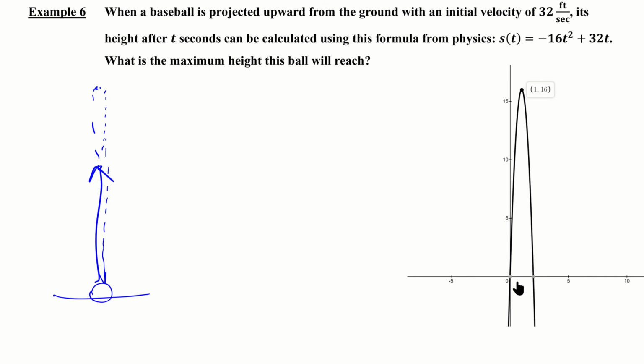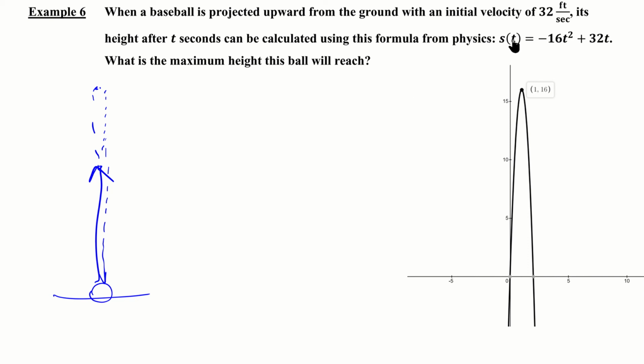So again, if we find this vertex, we'll know the maximum height that this ball will reach, because we have the perfect image of the various heights this ball reaches according to this quadratic function here. So all we have to do again is to find the maximum value of that function. That'll give us how many seconds it's going to take to reach that height.